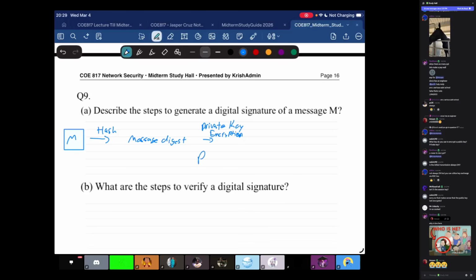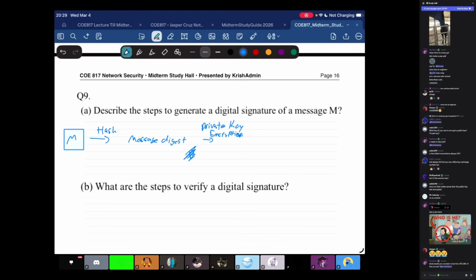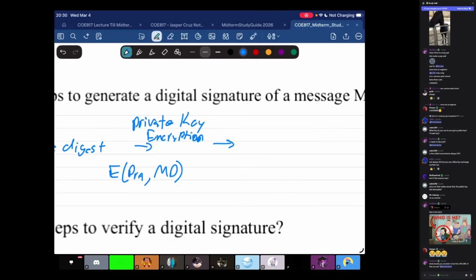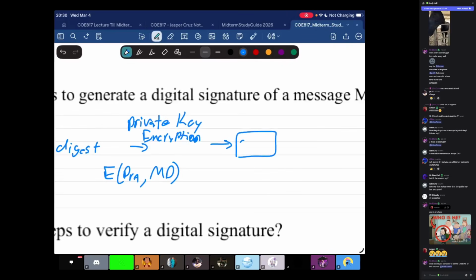So it will encrypt with the private key of, let's call this A, and it will include the message digest. This is the function method. This will provide a signature. We'll just say signed by A.